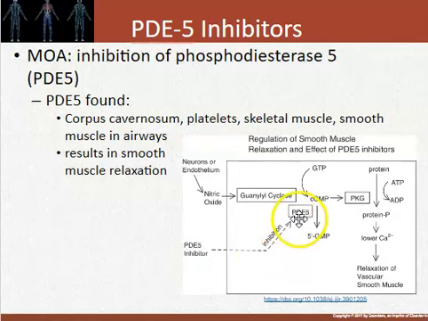Recall that when phosphodiesterase 5 is inhibited, cyclic GMP is preserved, it's not degraded as shown here, and then cyclic GMP feeds into this PKC pathway, resulting basically in relaxation of vascular smooth muscle.